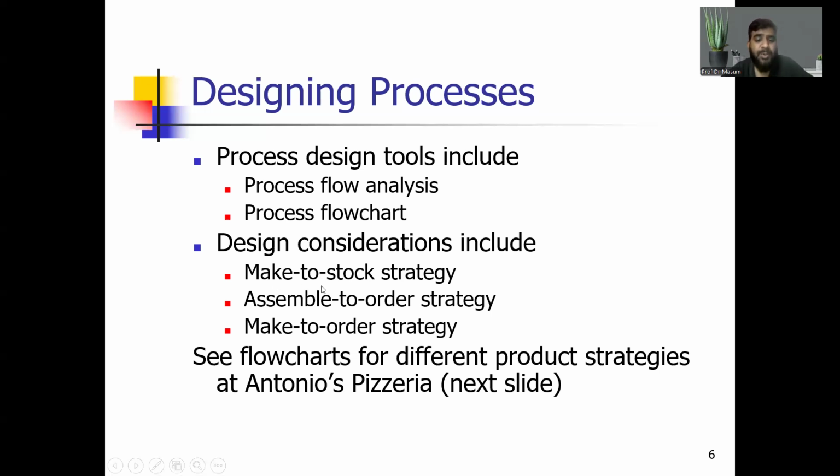There are some ready products you can buy from the outlet, ready-made. Just make to stock. The products are available in their stock. You go and take the delivery, pay the money. And they also have assembling options, the assemble to order strategy.